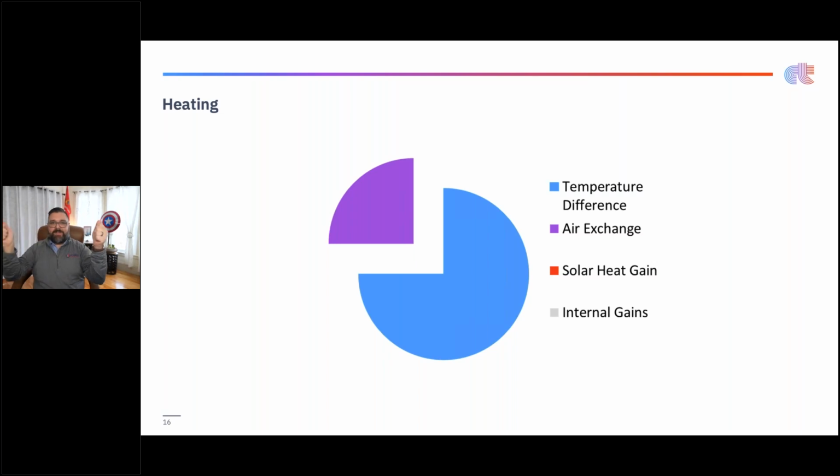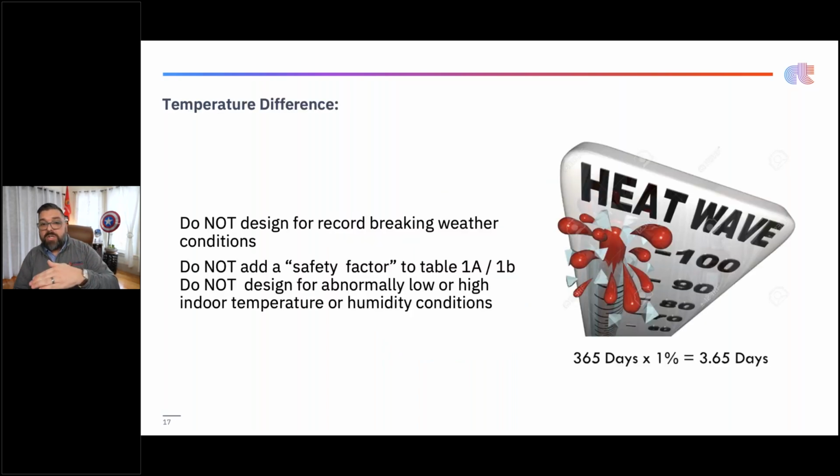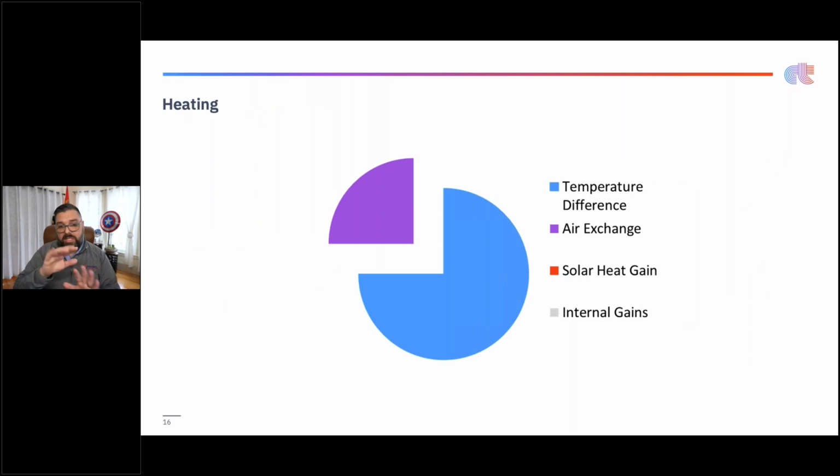The bigger the house, the bigger the tonnage, right? It's not real, but it's just as laughable as square feet per ton. And if you use that, it doesn't take into account the infiltration of the house. And that could be as easily 25% of your total heat loss of the house. And then of course, on the cooling side, solar heat gain and internal gains, we'll talk about after we get through the heat loss side.